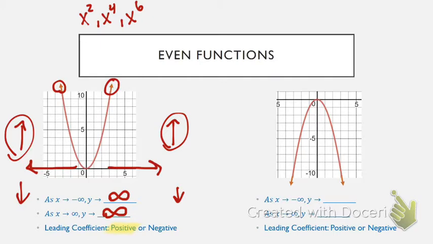Another way to look at it is, where is the right arrow going? No matter what function I give you, where is the right arrow headed? This right arrow is headed to positive infinity, so the leading coefficient is positive.